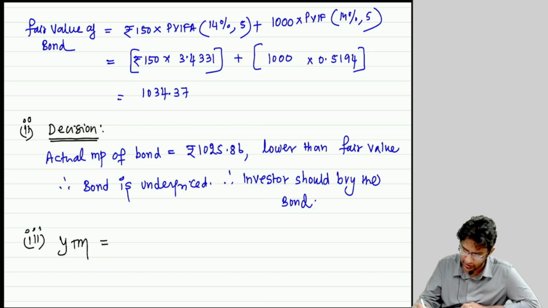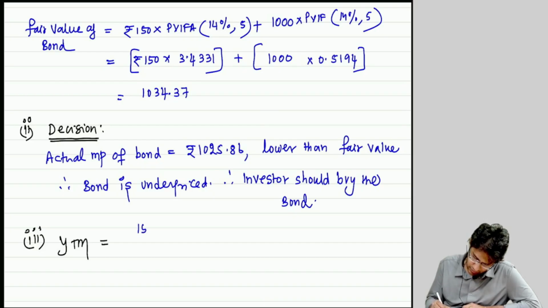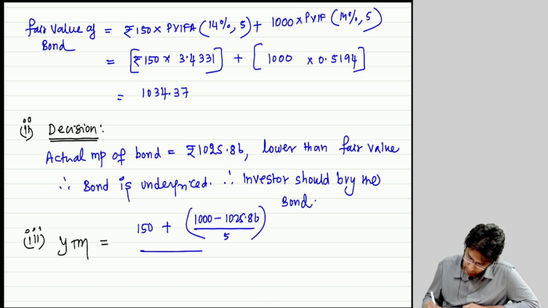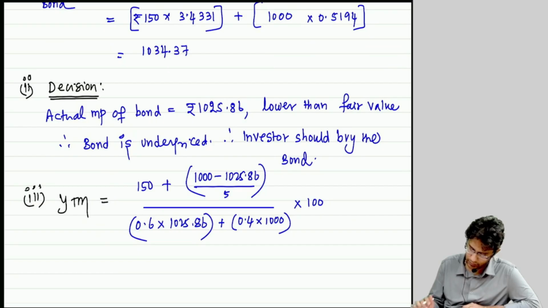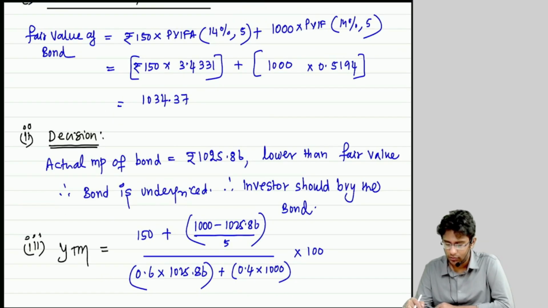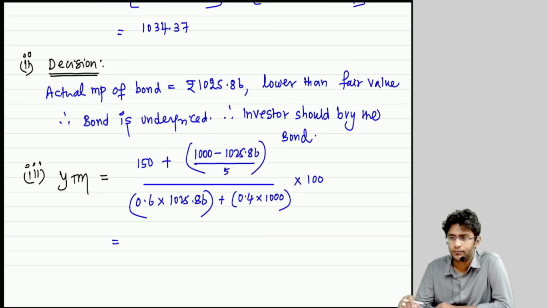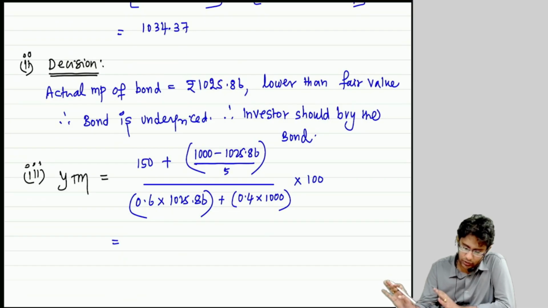YTM is approximately equal to coupon amount 150, maturity value 1000, spot price 1025.86, life 5 years, whole divided by 0.6 into spot price plus 0.4 into maturity value. Definitely it will be more than 14%, no doubt. Required return is 14, it will be more than that because it's the underpriced bond.